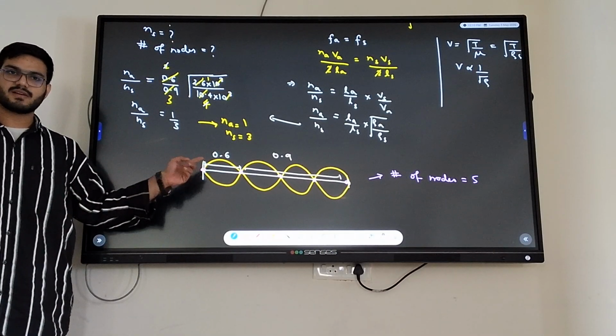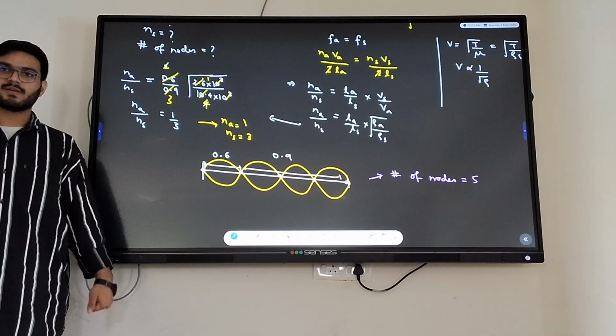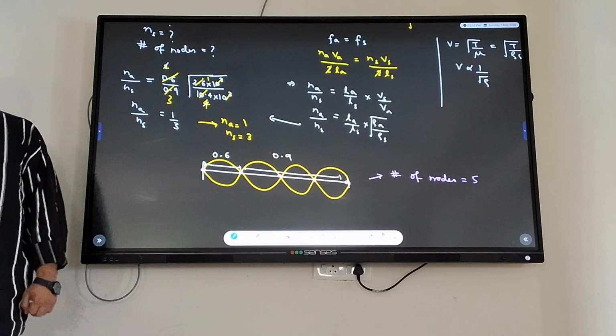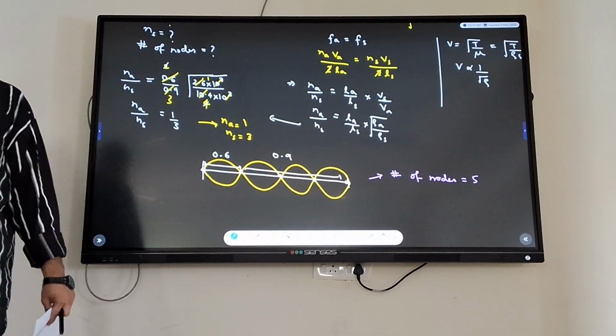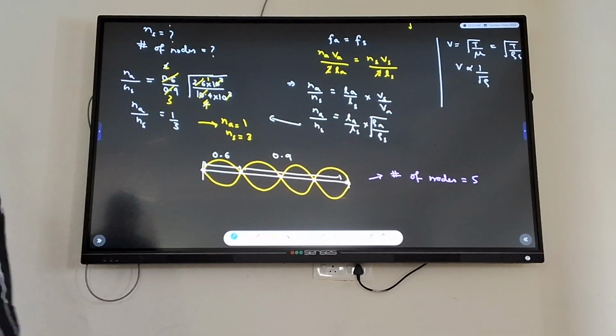Can you find the frequency of that by yourself? I think that's a very simple job now. Nv by 2L, 0.305 Hertz. 0.305. I have to check. Can anybody confirm if this is correct or not? Let me check it, wait. If you understood question number 11, then go for question number 12.